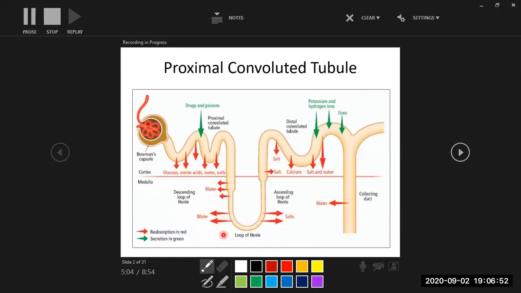A typical osmolarity of our body fluid is around 300 milliosmol per liter. So that's what we have in the blood, in the plasma, in the cell. So when cells are located like red blood cells in the plasma, they are in isotonic condition.